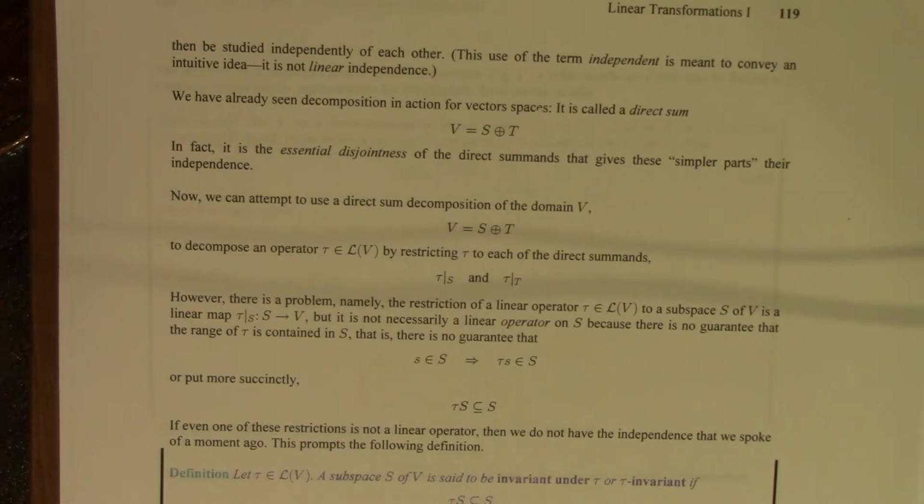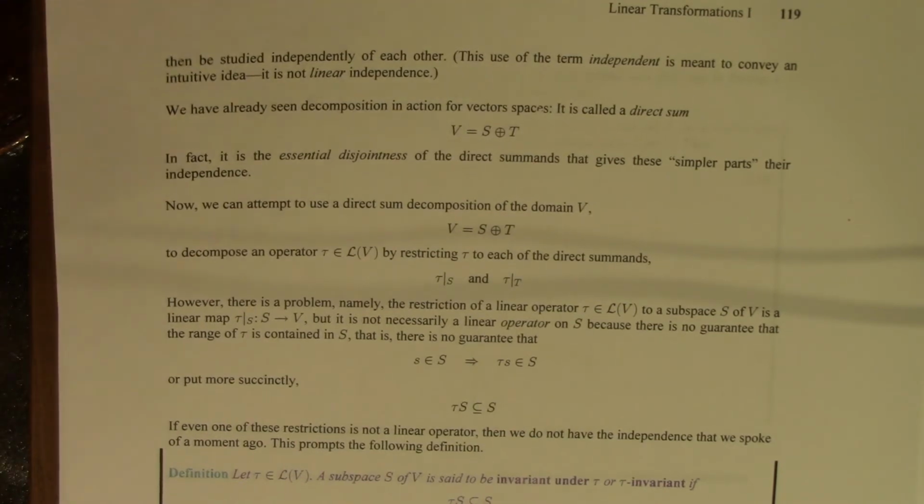It is in fact the essential disjointness in a direct sum that gives these simpler pieces their independence. So that's the sense in which we mean independent in this context.